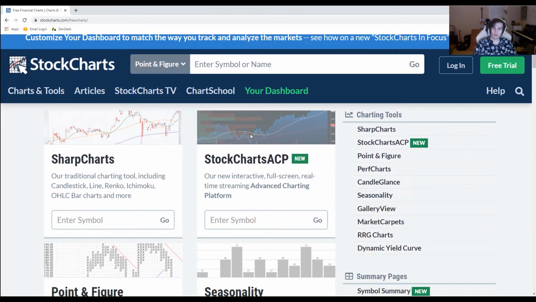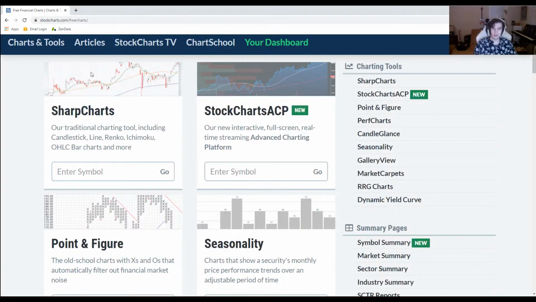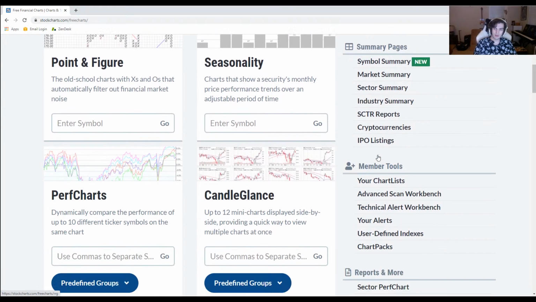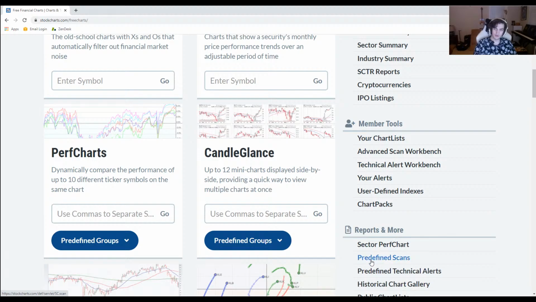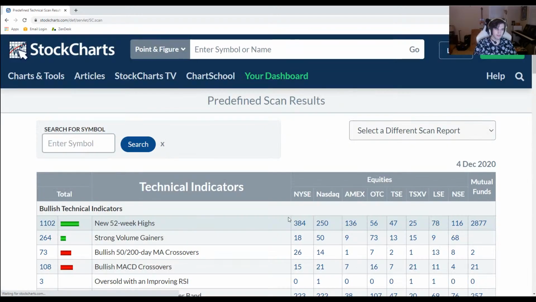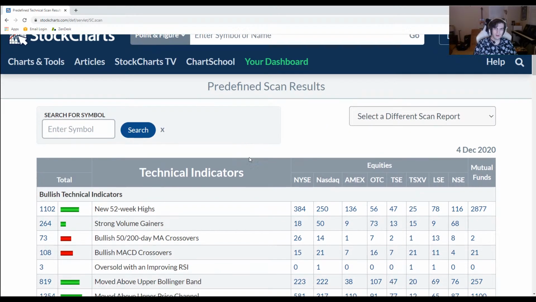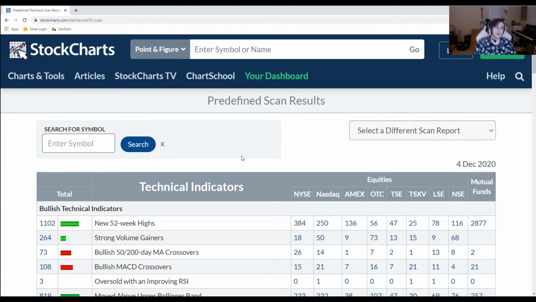The last thing I want to show you is if we go back to Charts and Tools, on the right side of the screen, under Predefined Scans, we now can see all of the different chart signals.